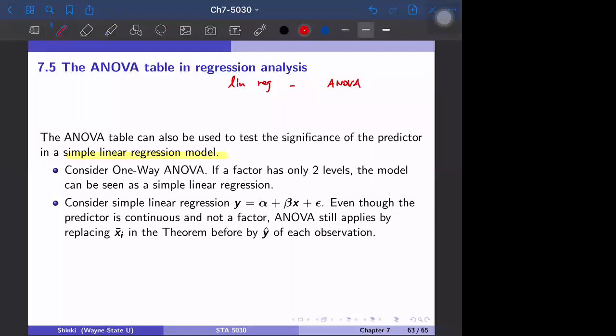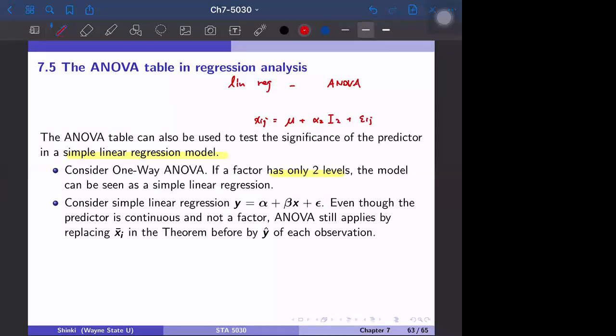This is obvious if the one-way ANOVA has just one factor with only two levels, because the model should be x_ij equals mu plus alpha 2 times the indicator variable for category 2, plus epsilon_ij.